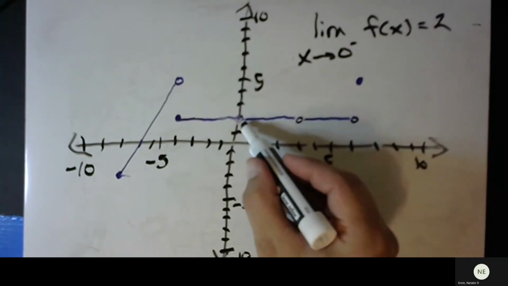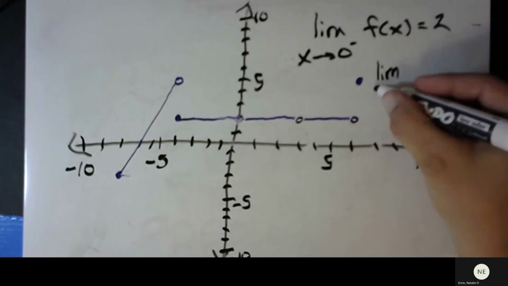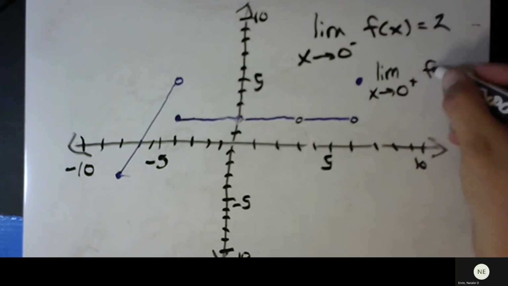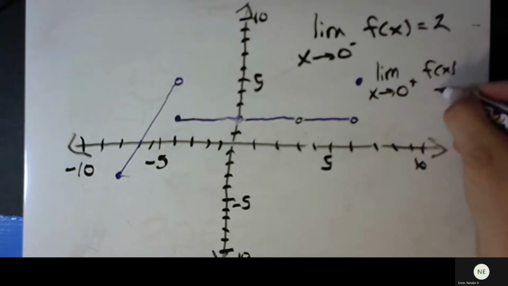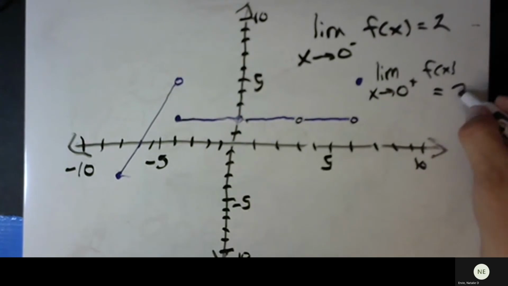Likewise, if we approach from the right, we're still going to have a function value of 2.